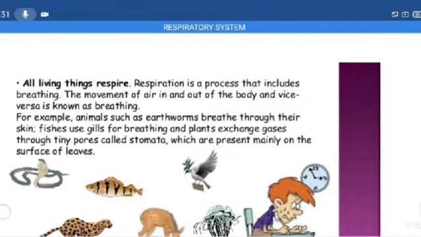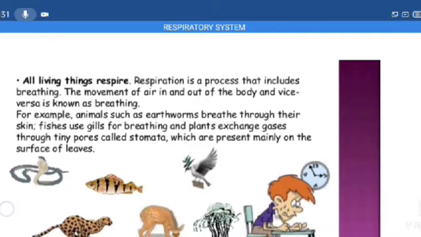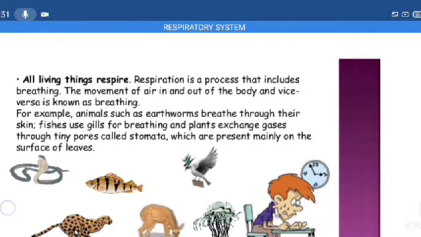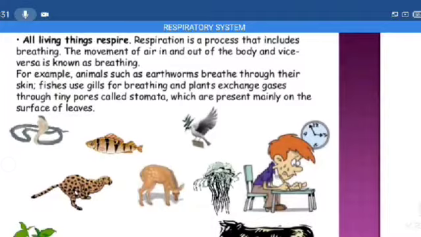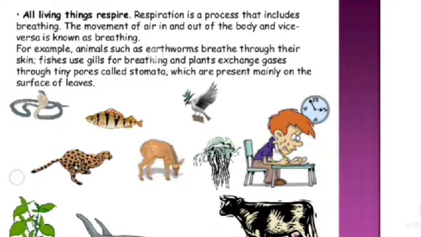All living things respire. Respiration is a process that includes taking the air of the environment in and out of the body and vice versa, which is known as breathing. For example, animals such as earthworms breathe through their skin.